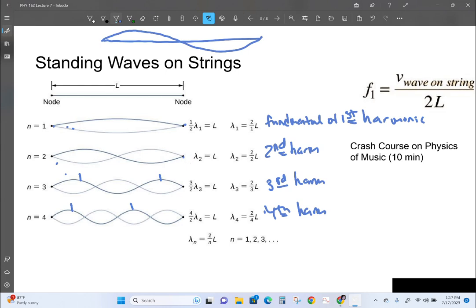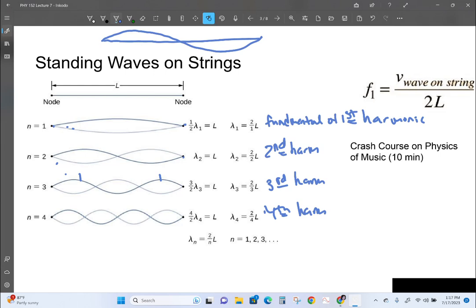For the third harmonic, the length of the string is equal to 3/2 of wavelength 3. At the fourth harmonic, that same length of string contains 4/2 of whatever that new wavelength is. So there's a trend here.